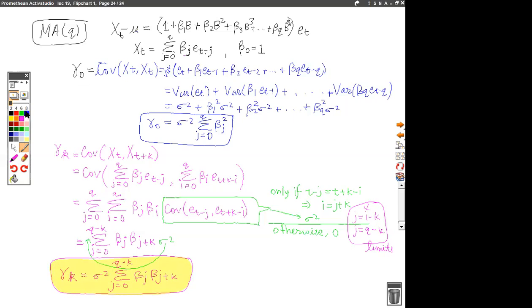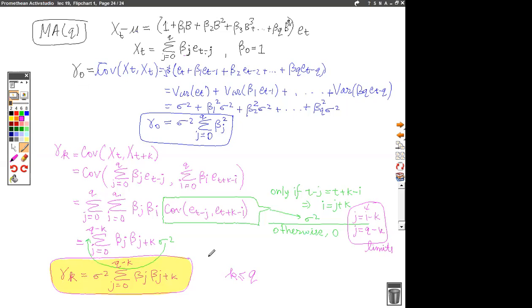But there is one more thing that we need to be sure of. If my value of k is less than q, then and only then does it make sense for me to calculate this autocovariance.